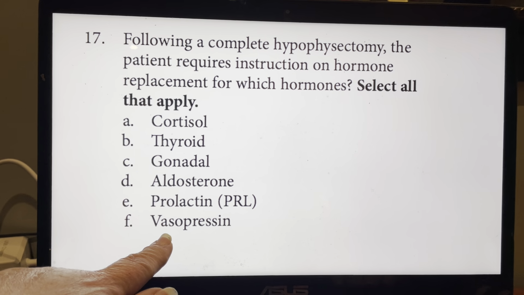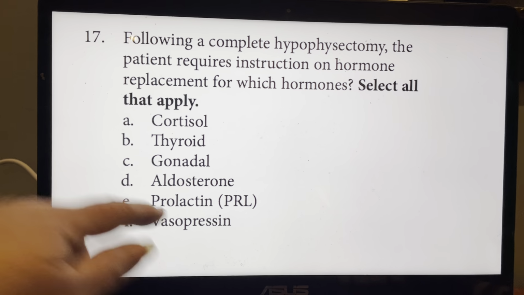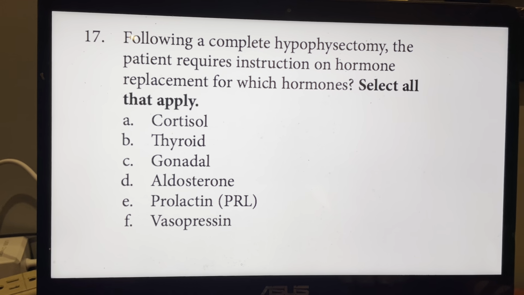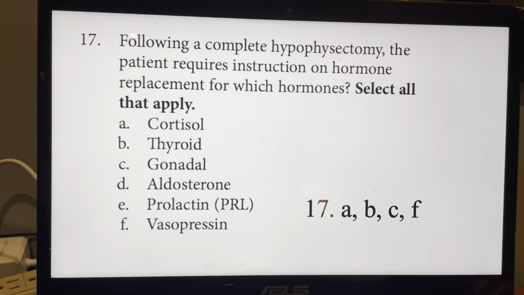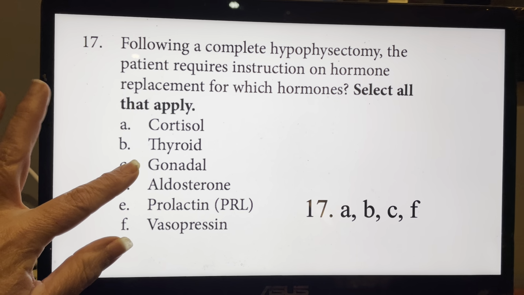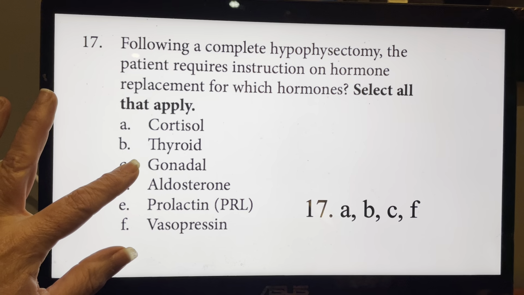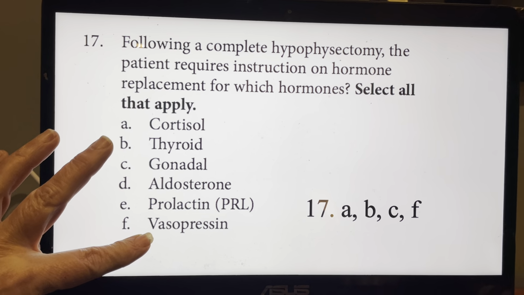Remember, vasopressin is man-made antidiuretic hormone. You got your answer? If you don't, open a clean page in your frontal lobe and write this down. Cortisol, thyroid, gonadal, and vasopressin.